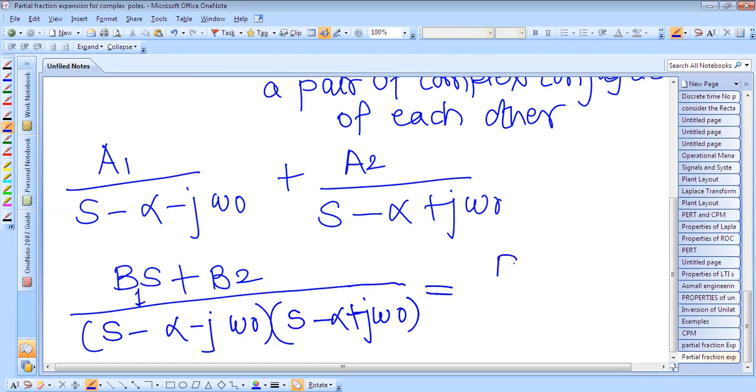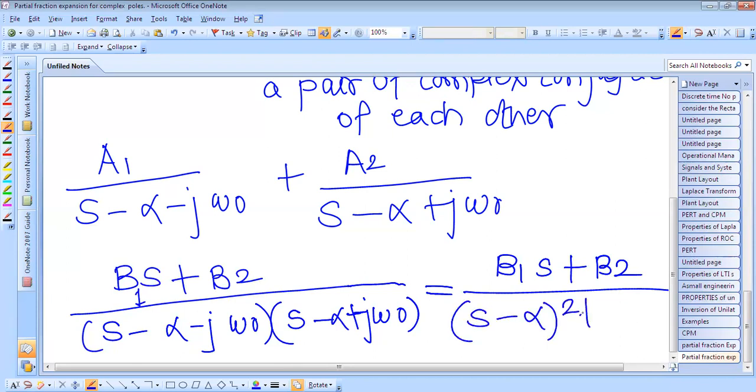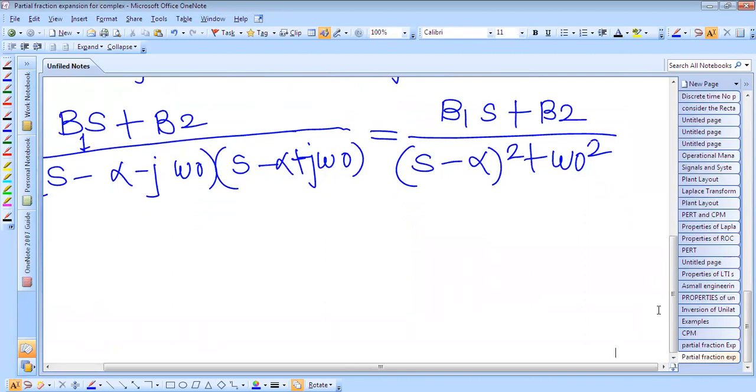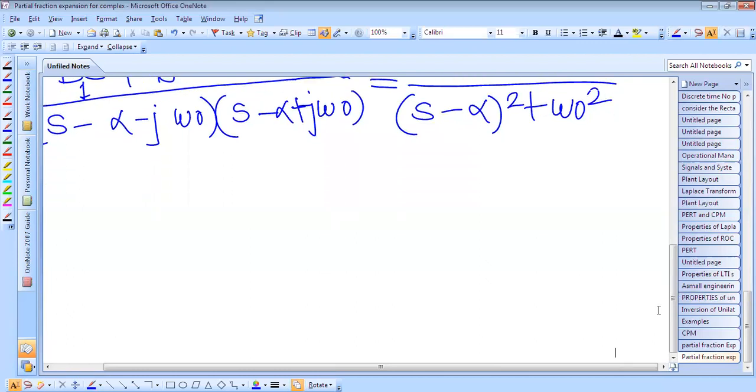These are the complex conjugates of each other. Therefore, we can write this as s minus alpha squared plus omega naught squared, where b1 and b2 are real valued. We then solve for b1 and b2 and factor the result into the sum of two quadratic terms.